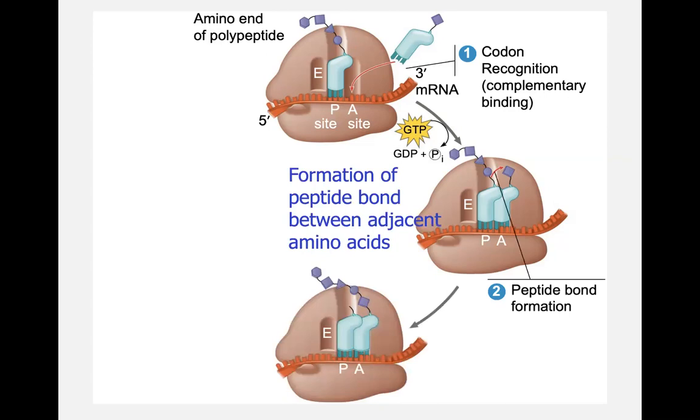So we've got peptide bond formation occurring between those amino acids. Now this tRNA, poor little guy, doesn't have an amino acid attached anymore, so he's going to get kicked out. He's not really useful anymore. He gave up his amino acid and will leave the ribosome.